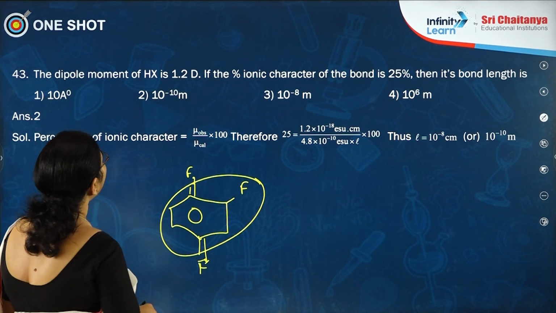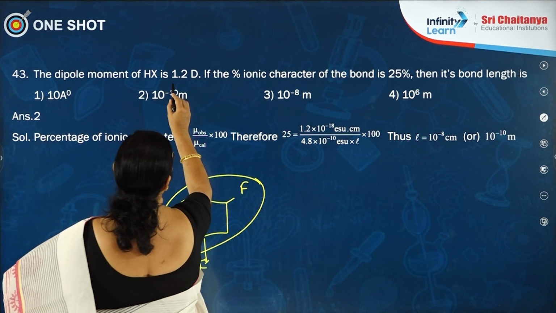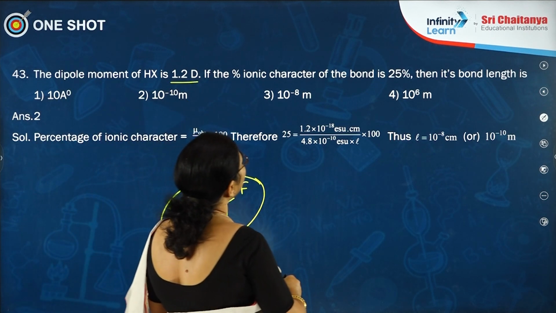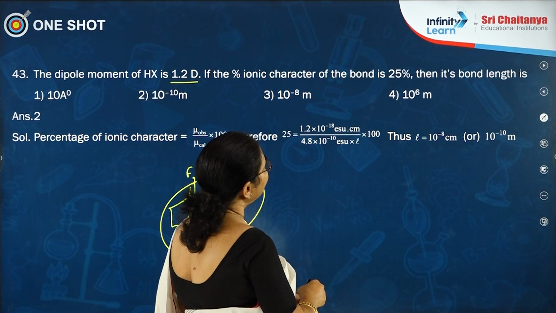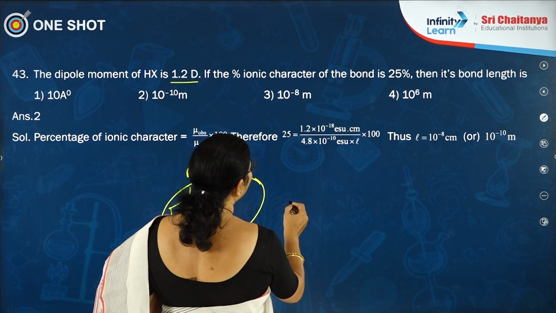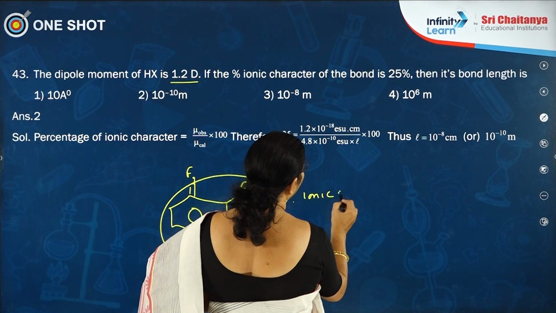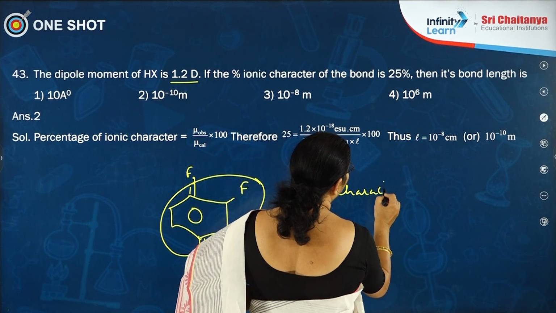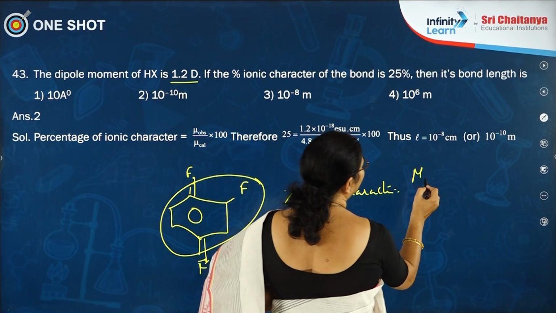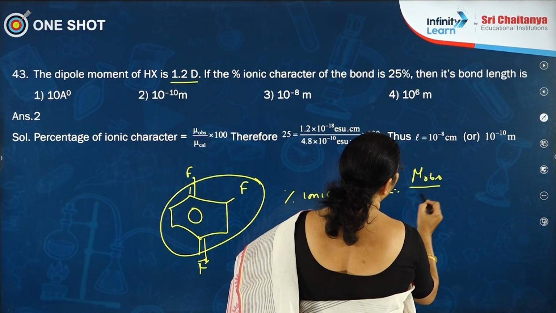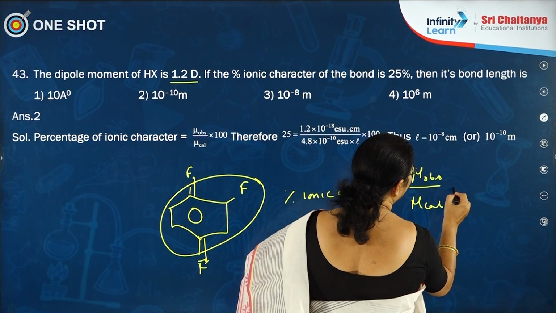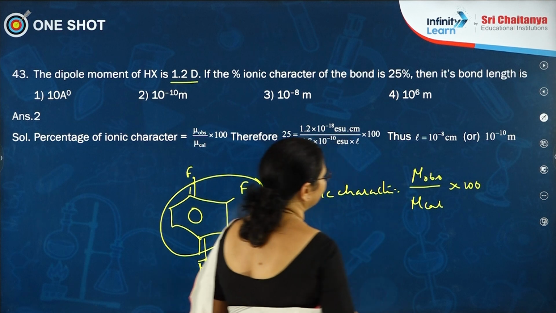Next, the dipole moment of HX is given. If the percentage ionic character of the bond is also given, then its bond length is asked. You know, percentage ionic character is equal to mu observed by mu calculated into 100. This is the formula.